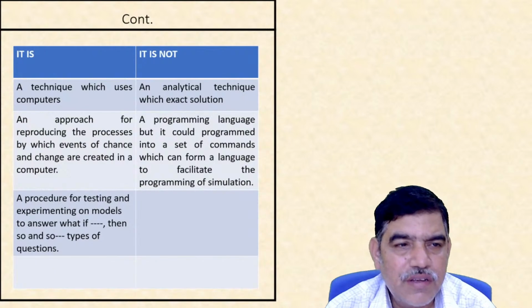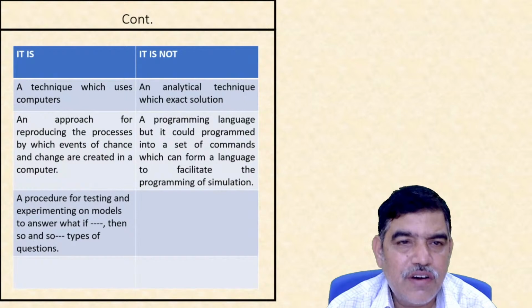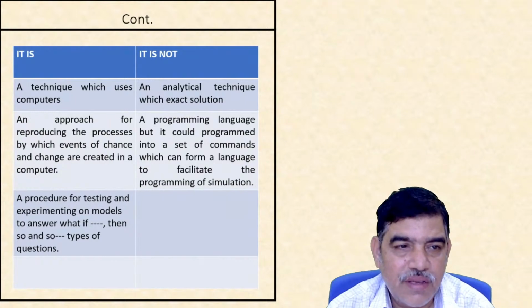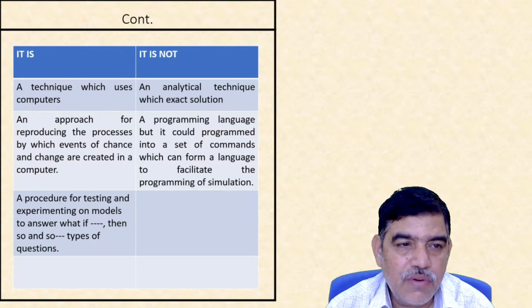Simulation, I have defined here, it is or it is not. Simulation is a technique which uses a computer. Similarly, it is not an analytical technique which gives an exact solution.